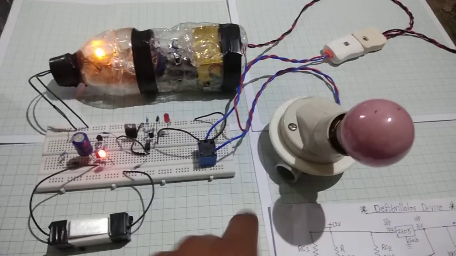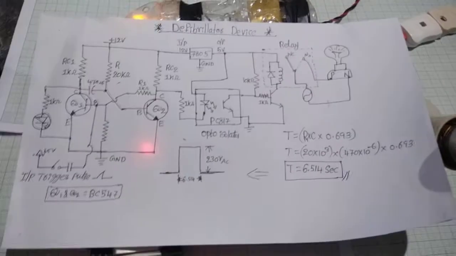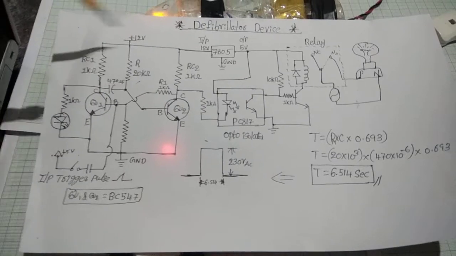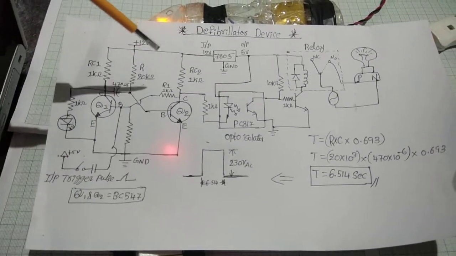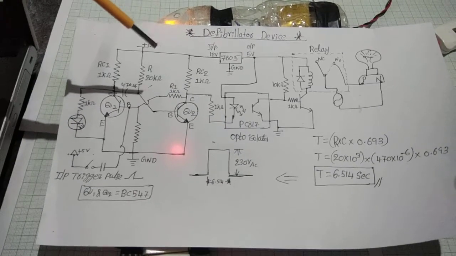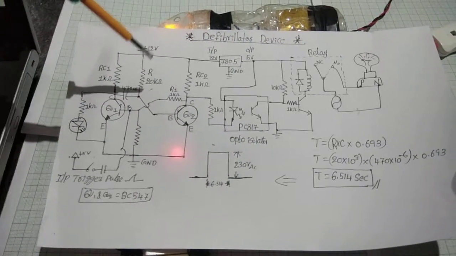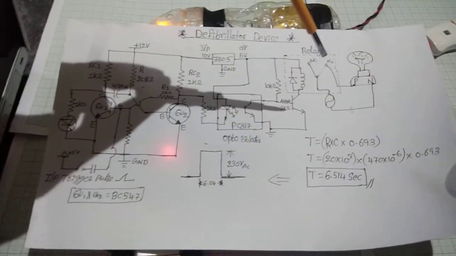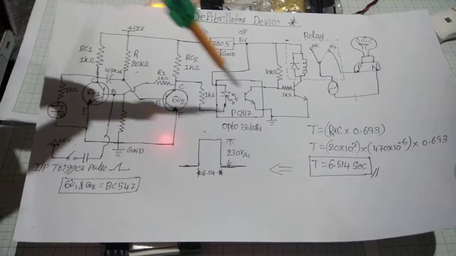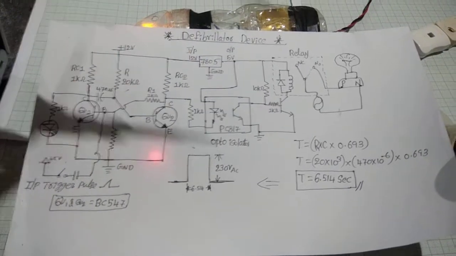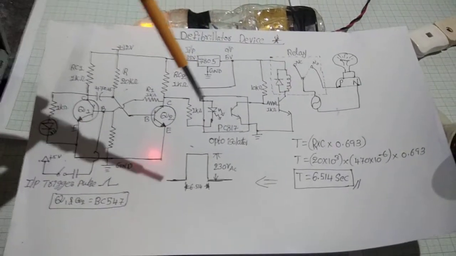Okay, right. And here I prepared a circuit of this defibrillator device. This is the monostable circuit which I explained previously in my video. You can get an idea about this monostable by seeing my previous video. And this is the relay driver circuit to generate a high electric shock pulse, and this is the opto-isolator circuit which will create isolation between input and output for safety and security purposes.